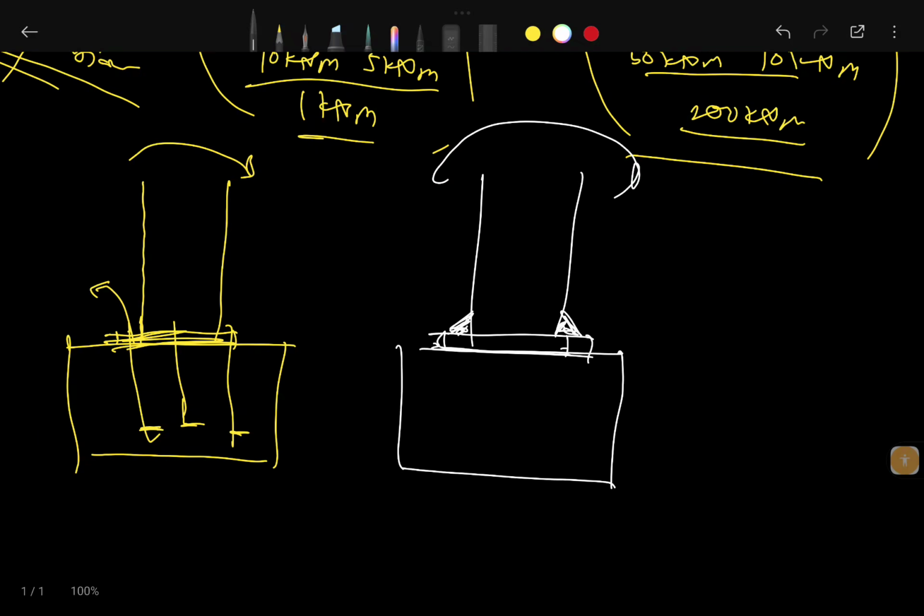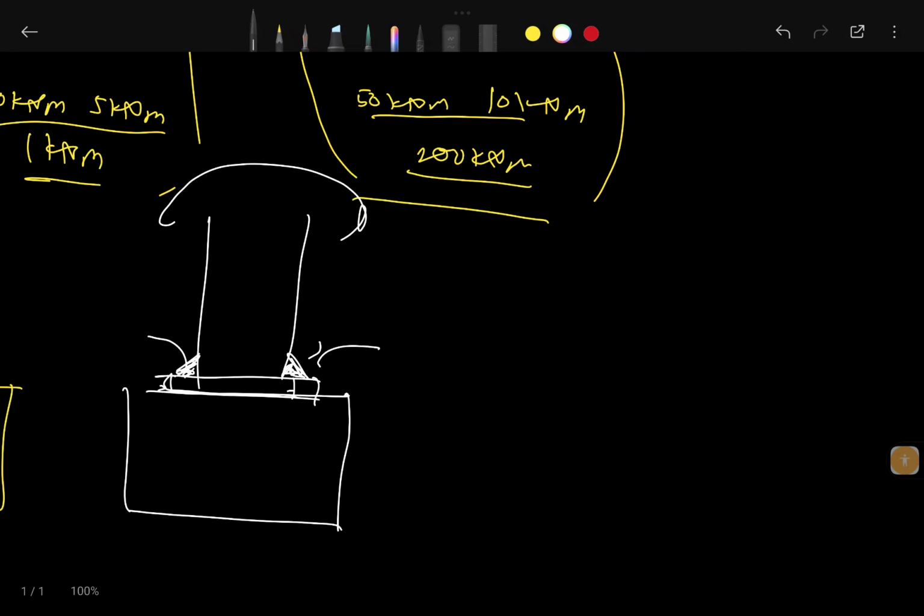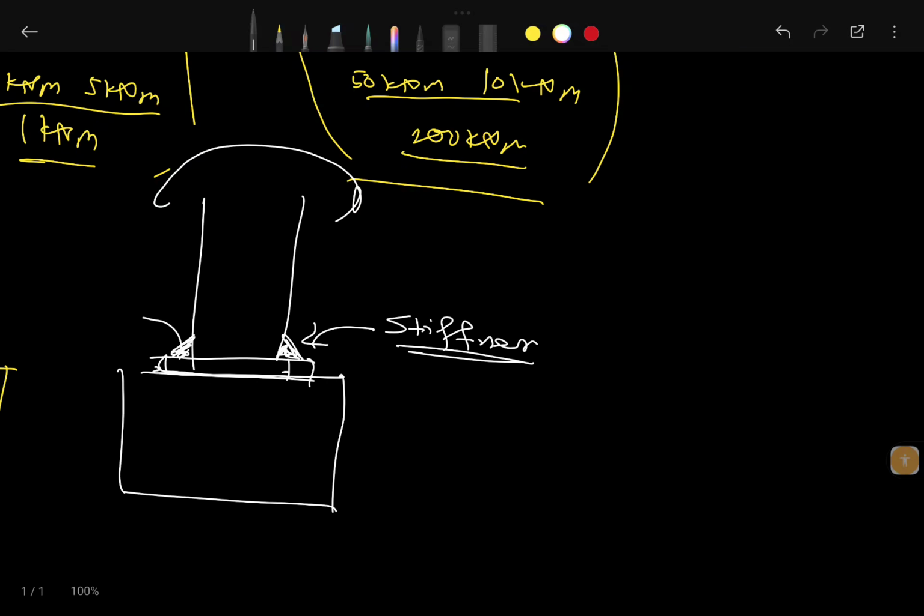These stiffeners are provided on the flanges, connected only with the flanges, and the stiffener helps the base plate carry high moments.